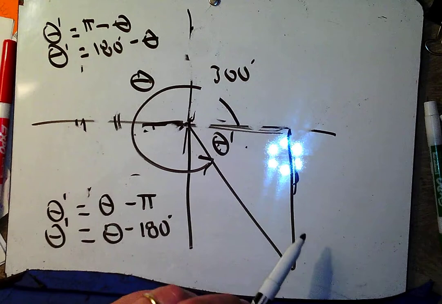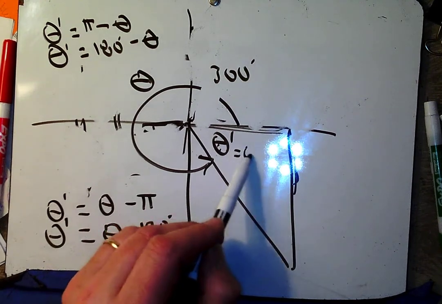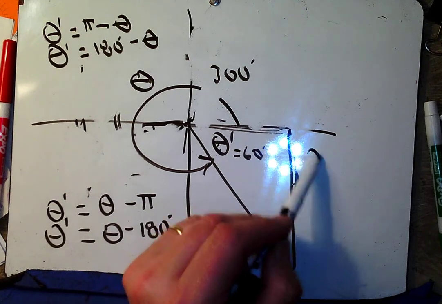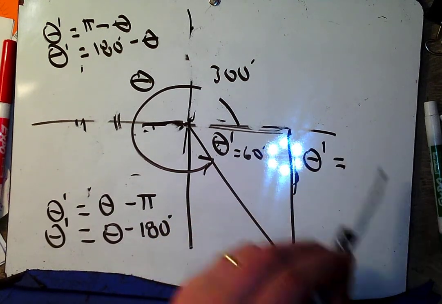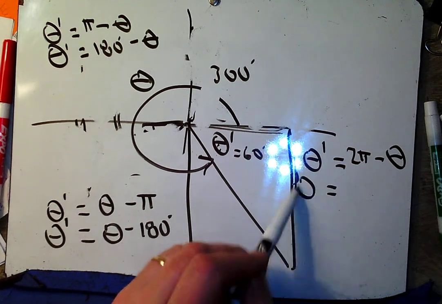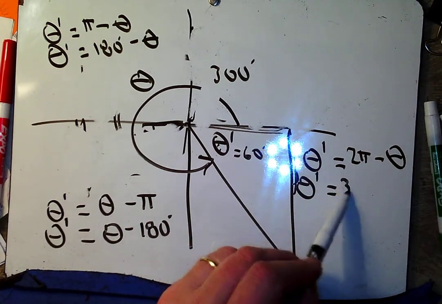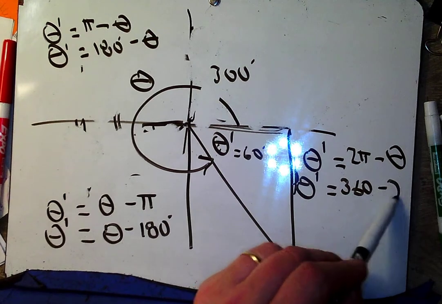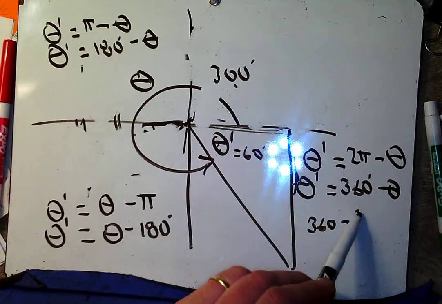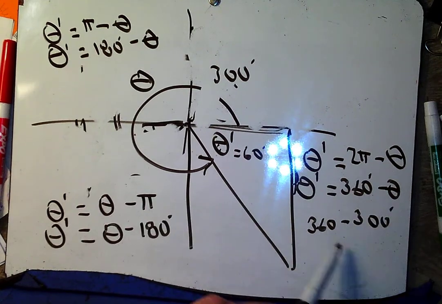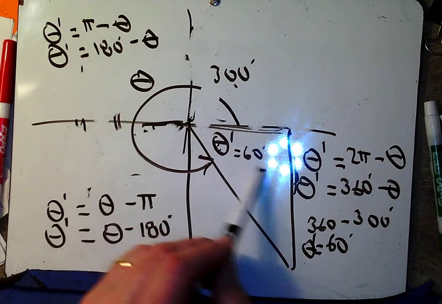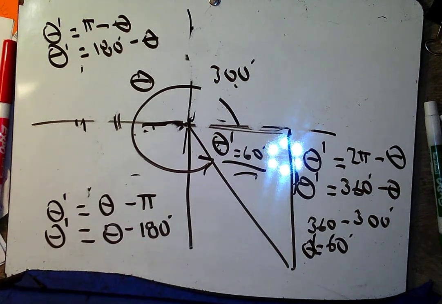How big is that angle? Well, that angle has to be 60. And how did I do it? I said that theta prime should be equal to 2 pi minus theta, or theta prime equals 360 minus theta. So if I do 360 minus 300, that's our theta, I end up with theta prime is 60 degrees. So my reference angle is 60.